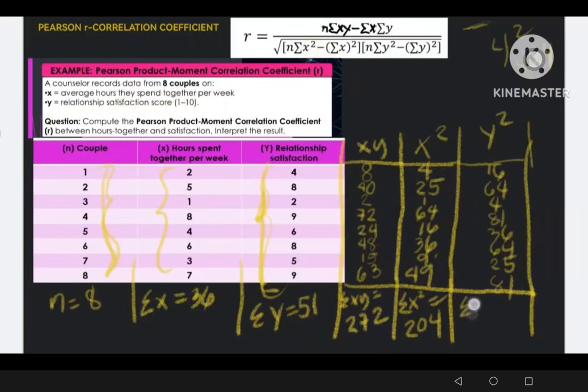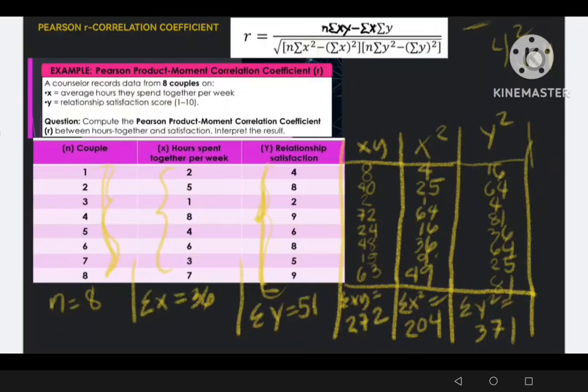And we also have the summation of Y squared. You are going to add that together: 16 plus 64 plus 4 plus 81 plus 36 plus 64 plus 25 plus 81. So sum it up, and we come up with a summation of Y squared of 371.